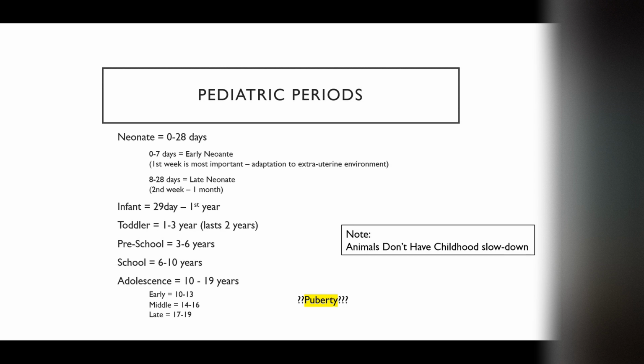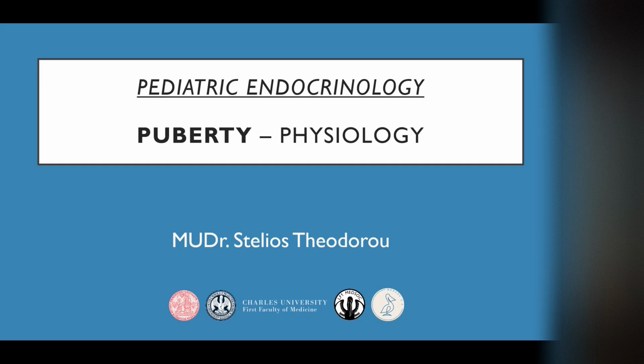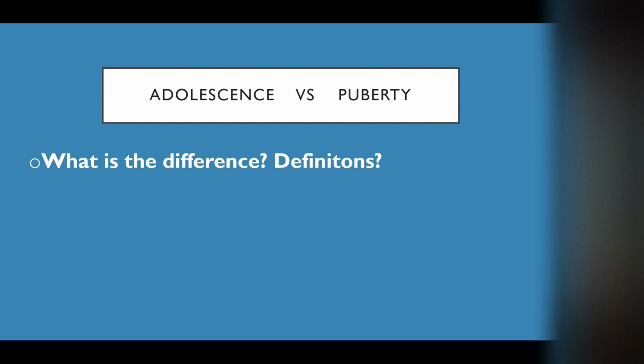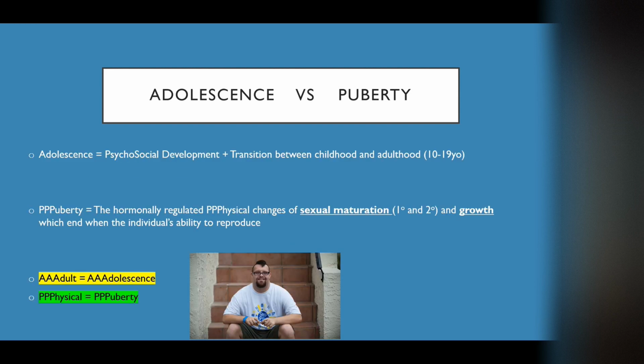That's one of the things, that puberty varies between patients. Some start earlier, some later. But the most important thing, and this is where we start our physiology lecture, okay? So puberty physiology. The most important thing is that adolescence, as we said, is becoming an adult, okay? Adolescence is psychosocial development.